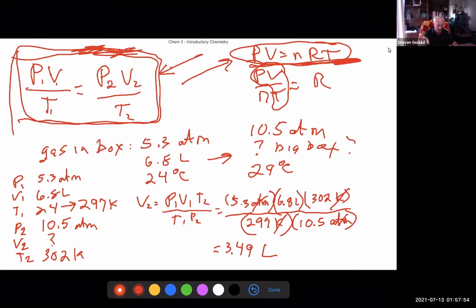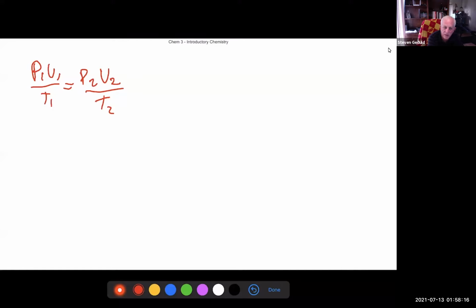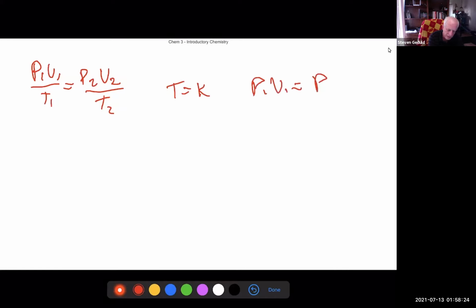Okay, so again, going back to our combined gas law. Let me change the page here. So our combined gas law was this. Now, if temperature doesn't change, that means T1 and T2 are equal, right? That means temperature is constant, so P1 V1 equals P2 V2.